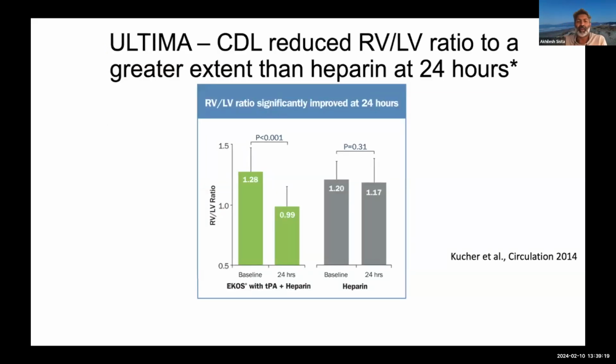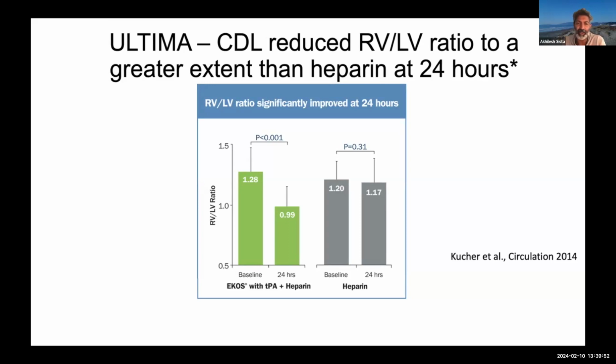Now, if we were to look at one graphic at what we've learned from catheter-directed therapy in the submassive PE population, and could point to one thing which says that we should continue to do it, it's this graph or this figure. And it's really all in terms of randomized trials. So what we found with the Ultima trial, which was published in 2014, is that at 24 hours, as measured by echo, the RV to LV ratio is significantly reduced when you use catheter-directed lysis versus heparin alone.